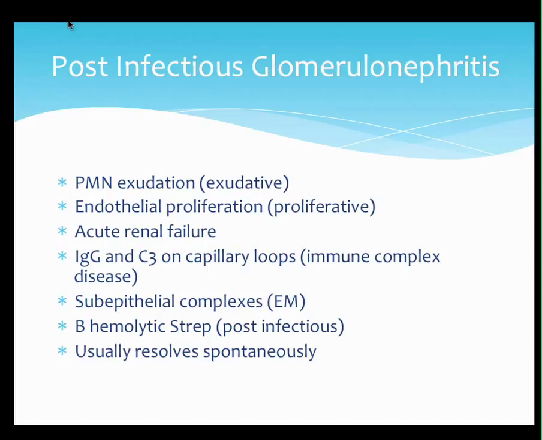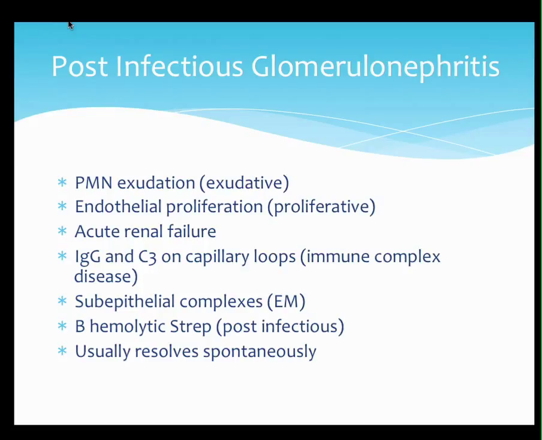As I said earlier, this is also called proliferative and exudative glomerulonephritis because there are large numbers of neutrophils within the capillary lumens, and this gives rise to endothelial swelling and proliferation. The exudation of the neutrophils and the endothelial proliferation basically fills up the capillary lumen and causes difficulty in the formation of urine.